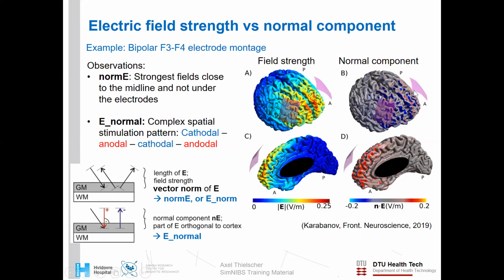Again, this is just a hypothesis derived from this electric field pattern, but it highlights that it can be very useful to explore those field simulations to come up with possible hypotheses on how certain montages might result in specific physiological and behavioral effects.